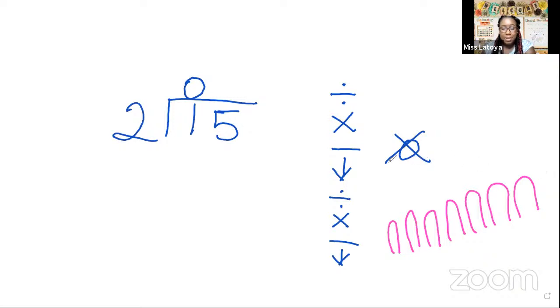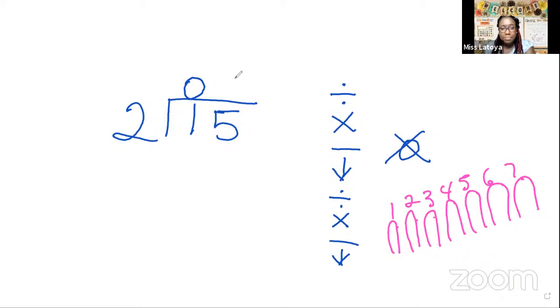I need to stop on the number or the number before. How much fingers do I have up? 1, 2, 3, 4, 5, 6, 7. So 2 can go into 15 7 times.